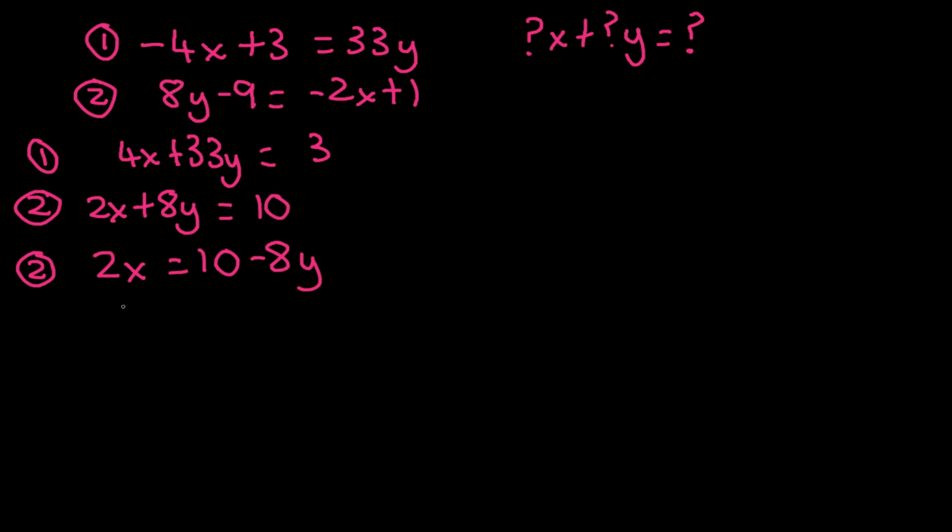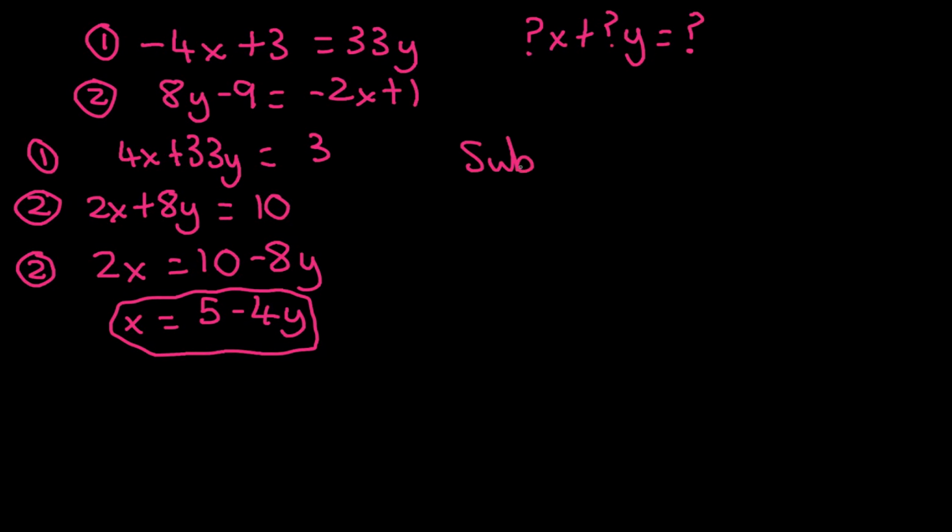Divide each side by 2, x is equal to 5 minus 4y. Substituting this value into equation 1, substitute x equals 5 minus 4y into equation 1.